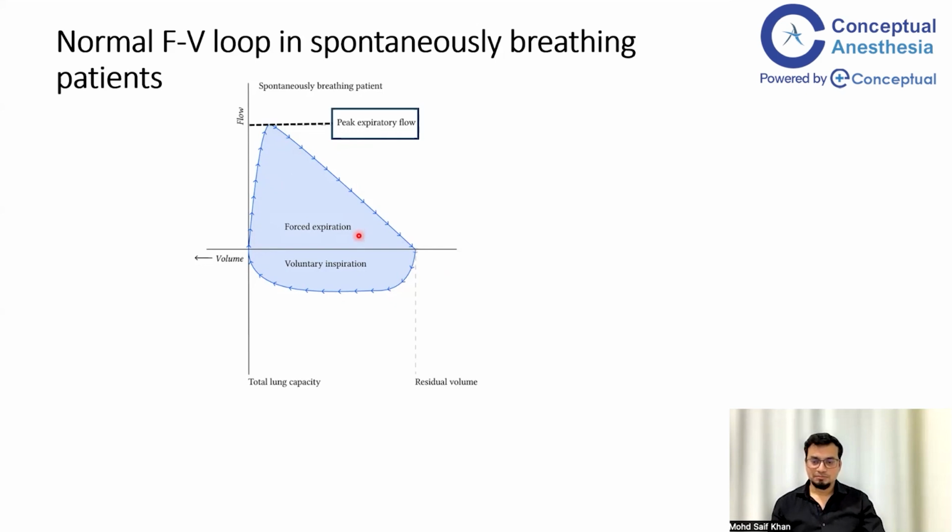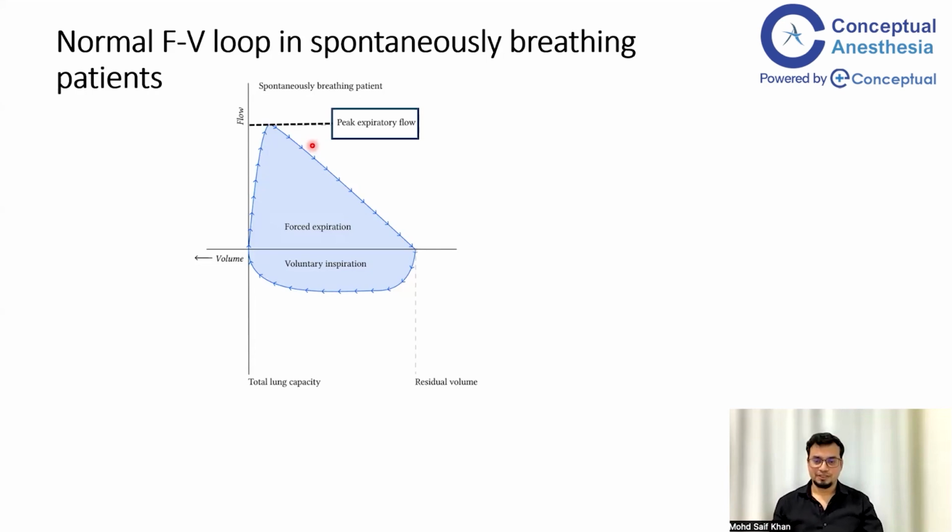The normal peak expiratory flow rate can be asked in your exam, so you need to remember it. Just memorize it. The peak expiratory flow rate is usually 5 to 6 liters per second. In liters per minute, it will be 300 to 500 liters per minute.